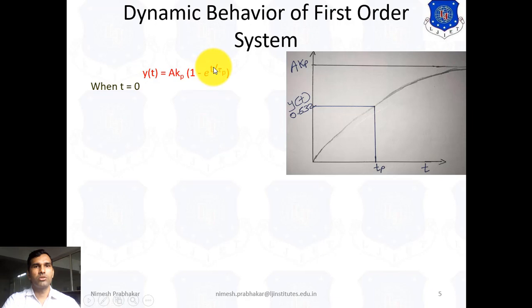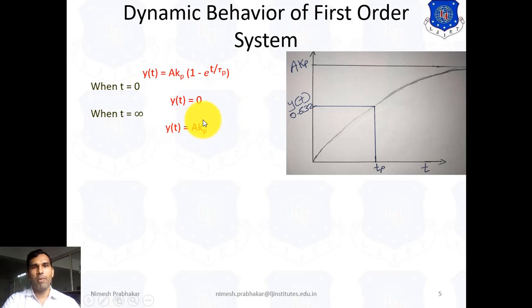Then e raised to 0 is nothing but 1, so 1 minus 1 is 0, and we get y of t equals 0. That means the response starts from 0, the beginning value. Now we put t equals infinity in this equation, and we get y of t equals A K_p.